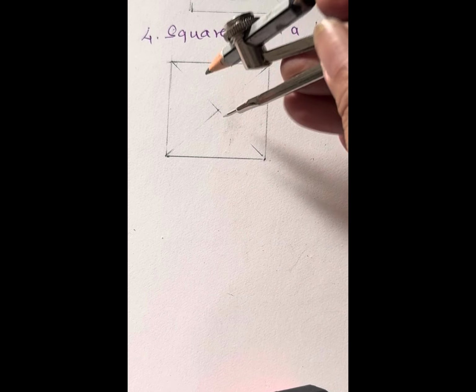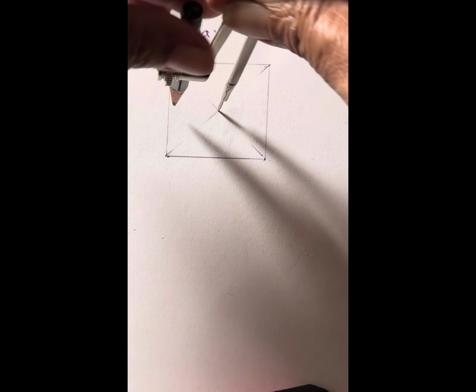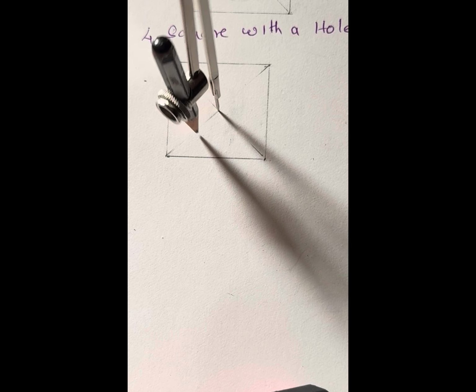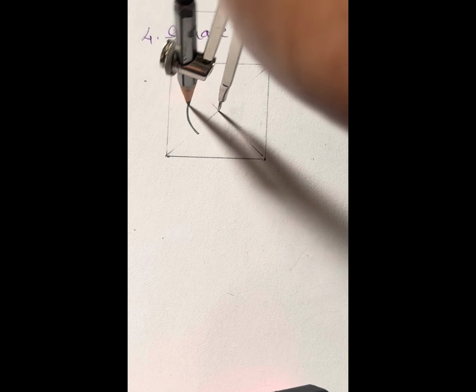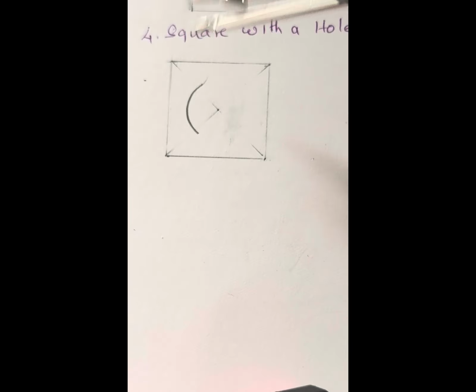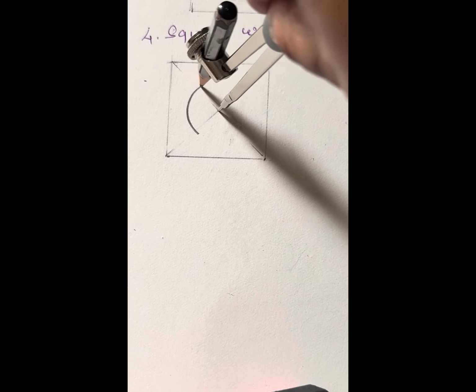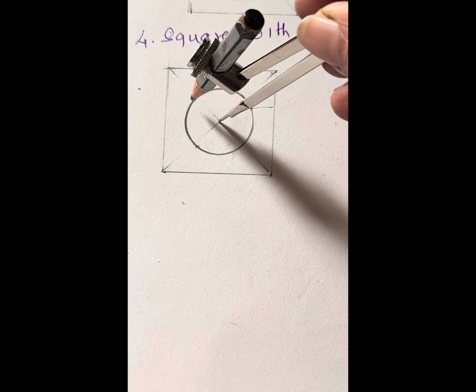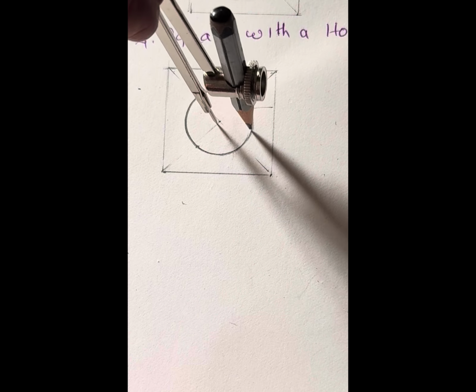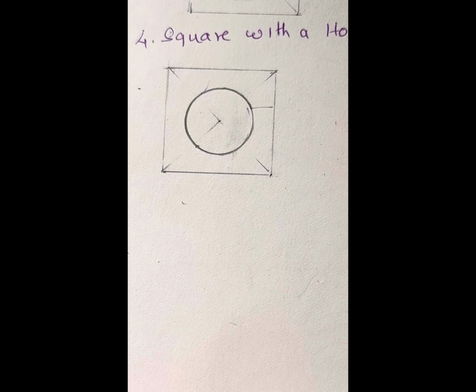Once you got the center, you can just choose any radius which is less than the length of the square, and keeping this as a center, draw a circle inside it. So you got a square with a hole.